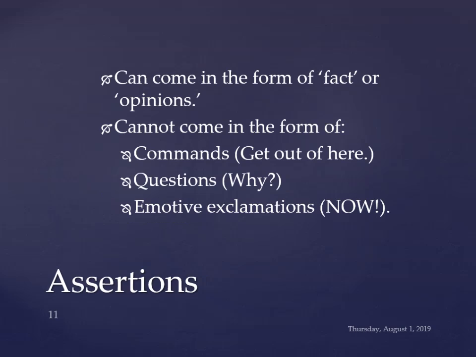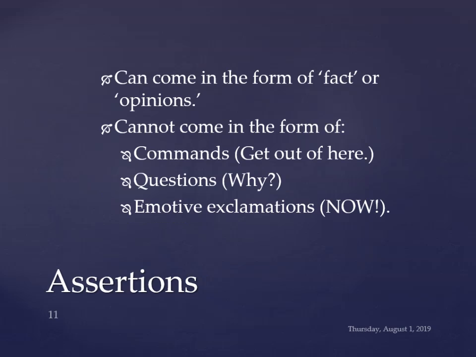An opinion, like the Beatles are the most overrated band ever, can be true or false, just as it's a fact that Atlanta is not the capital of South Carolina. It doesn't matter whether it's an opinion or a fact, they can still be true or false.